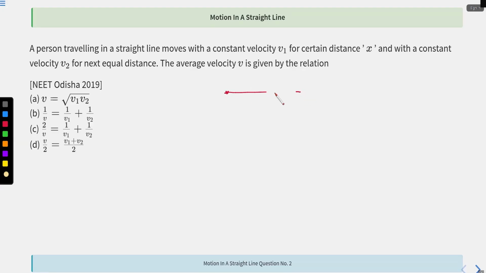Now, till a specific distance x, the velocity of this person is v1. All right. Now, when he moves more x distance over here, the velocity has changed. It changes to v2. But note that the person has traveled the same distance for both the velocities.